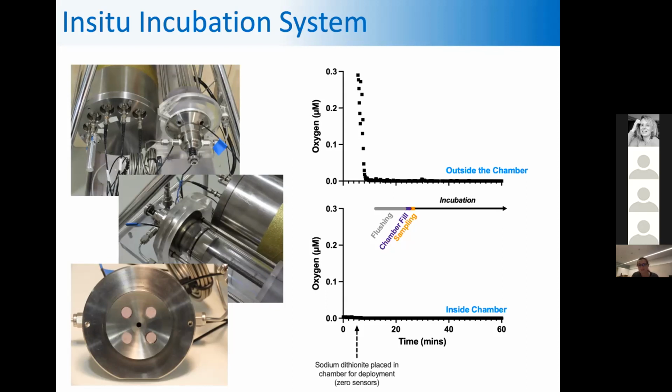And then at this point, the chamber is filled, and that's when the tracer is injected. And then we take a sample pretty much immediately, and that goes into a foil bag, and it's got preservative in it. And then the incubation continues on, and then we can take subsequent samples later on during the incubation.